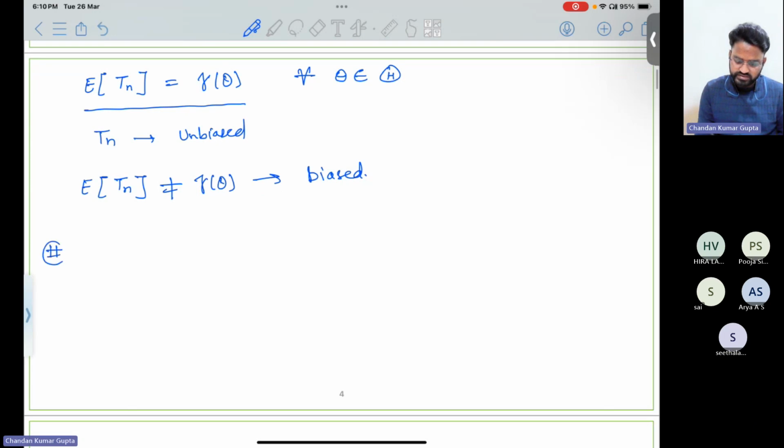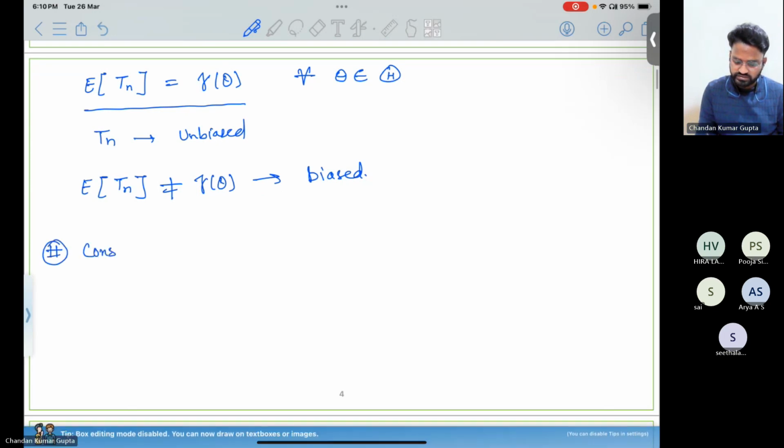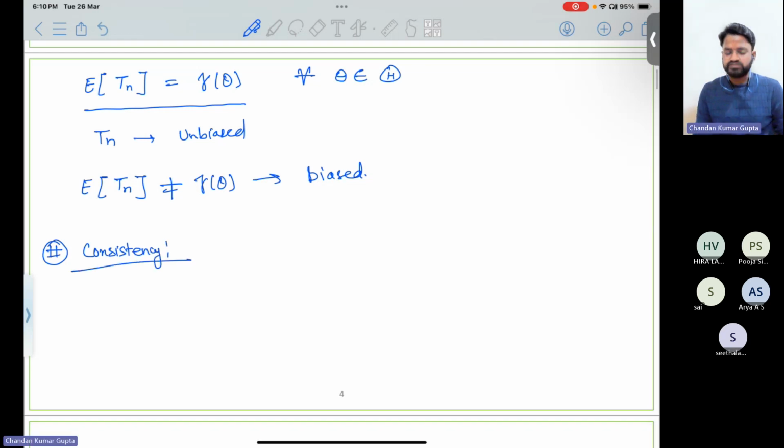The second one is consistency. The definition is like this. Suppose Tn is an estimator and it estimates gamma theta.